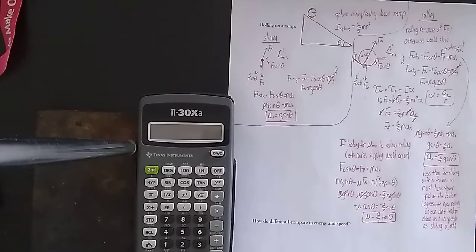I know I threw a lot at you right there, but a lot of the problems for rolling are very similar to this, okay? Usually you're trying to figure out the angular acceleration or the linear acceleration of the object down the ramp, so you can figure out how much time it takes to get down the ramp, how fast it's moving when it gets down the ramp, and stuff like that.